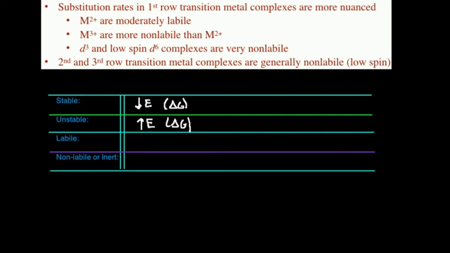You've probably heard from Gen Chem that noble gases in group 8 don't do anything. Another name for noble gases is inert gases. They don't generally react with things. So if something is very slow to react, you would say it's more or less non-labile or inert. If something reacts very quickly, you would say that's labile.